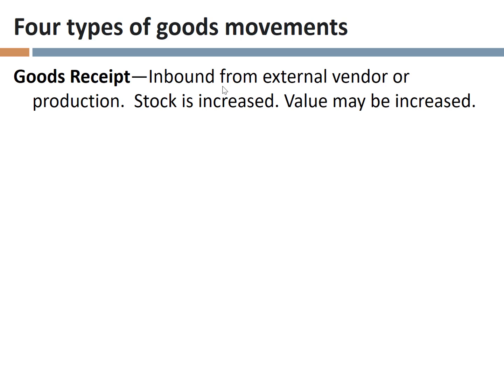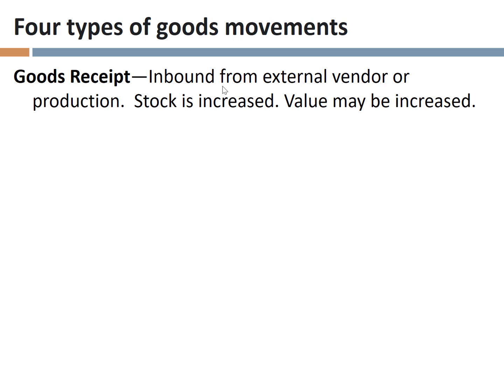Why does that last sentence say value may be increased instead of value is increased? In what scenario would value not be increased in conjunction with a goods receipt? If it was consumable material, yeah. So stock count is increased, but the value is only increased if it's a stock material.